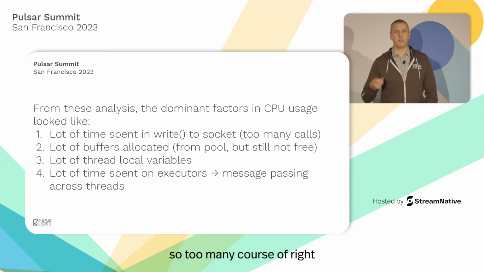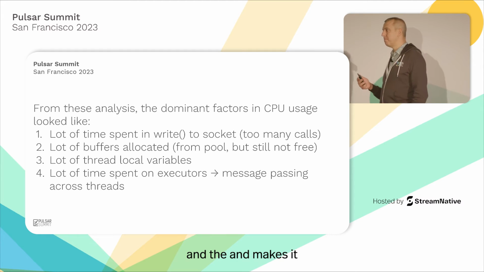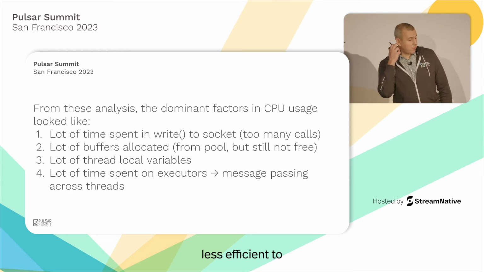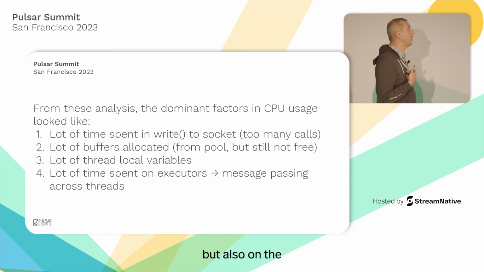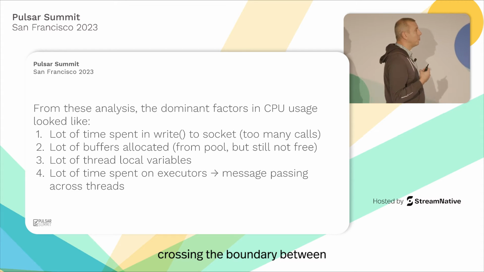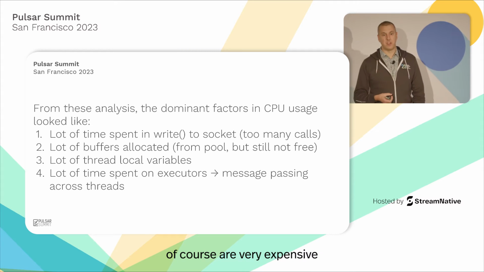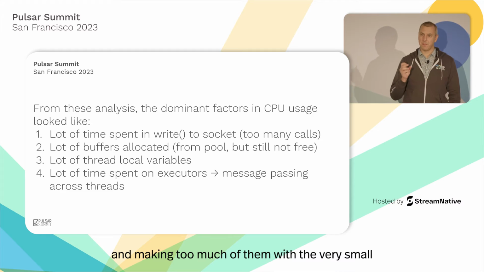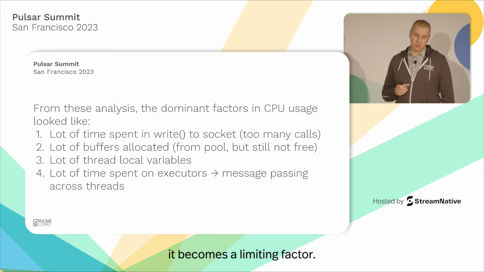So too many calls to write make it less efficient on the TCP stack, but also on crossing the boundary between user space and kernel space. System calls are very expensive, and making too many of them with very small payloads becomes a dominating factor.